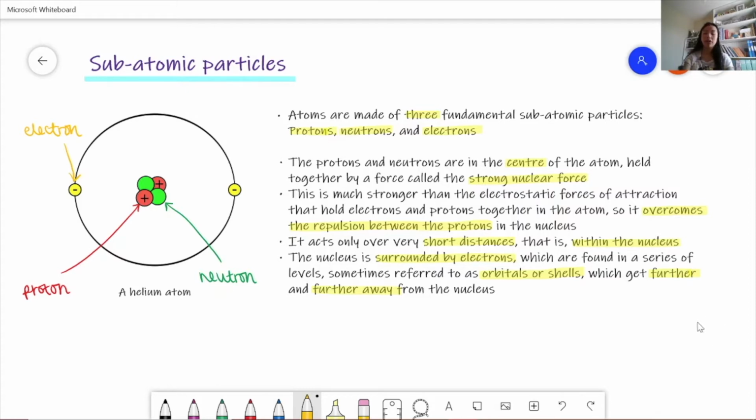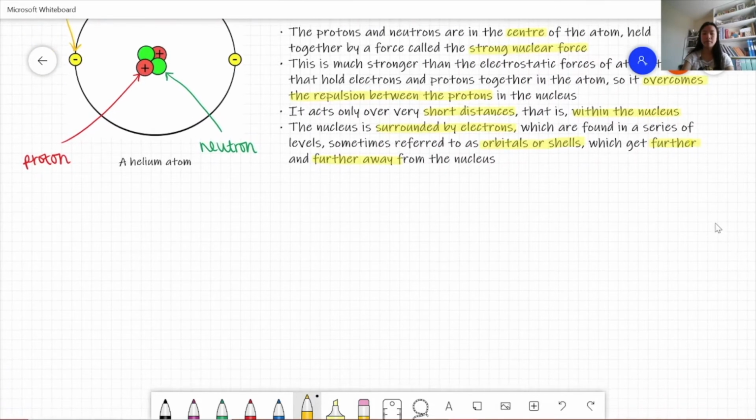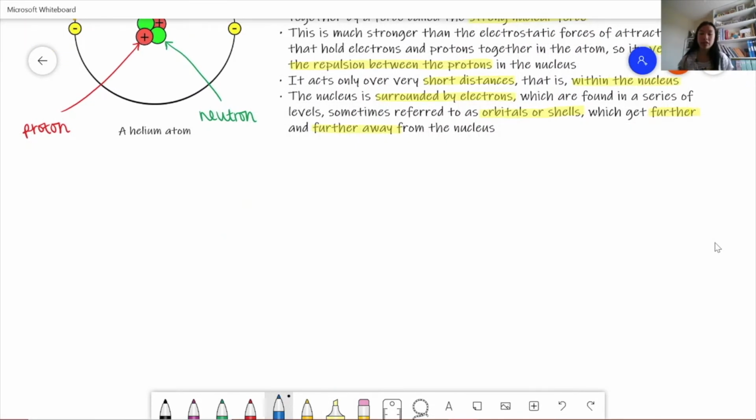And so now we also need to look at all the relative charges and masses. So we need to know their relative charges and also their relative masses. And so here we have the subatomic particle.